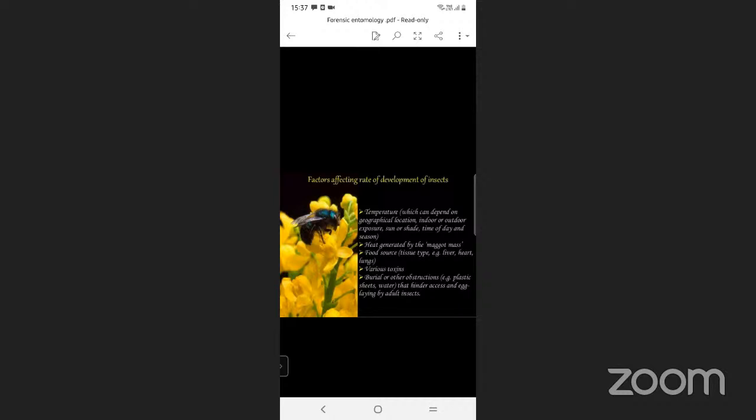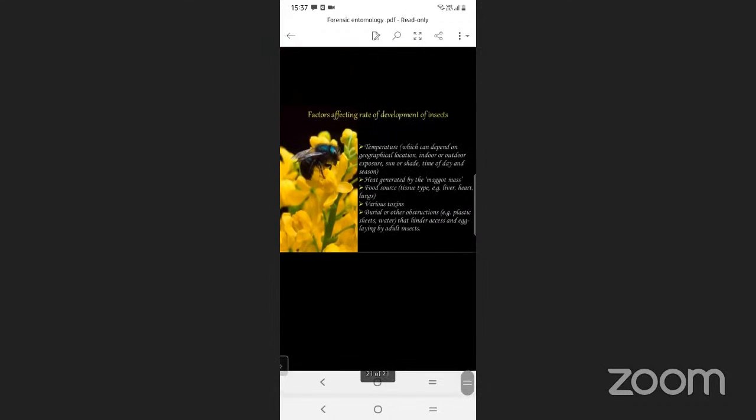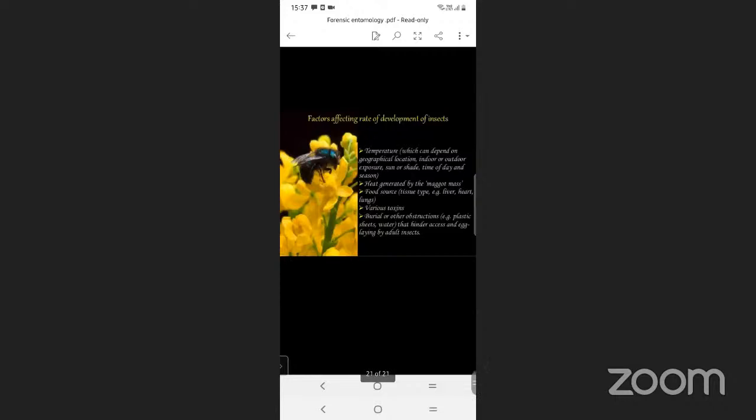Also heat generated by the maggot mass, food source, tissue type like liver, heart, lungs, various toxins, burial or other obstructions like plastic sheets, water, that hinder access and egg laying by the adult insects. These factors affecting the rate of development of insects, we mainly take into consideration.